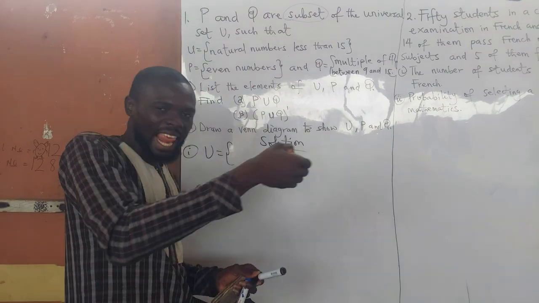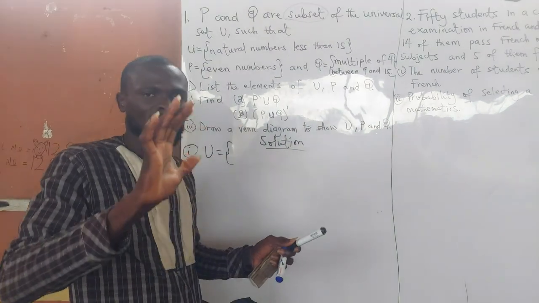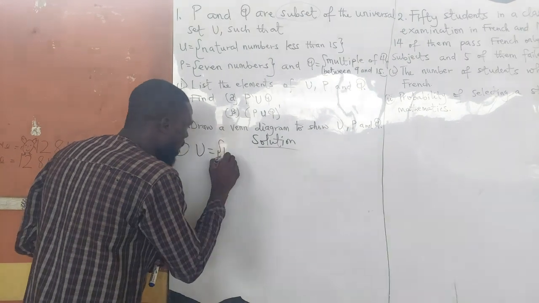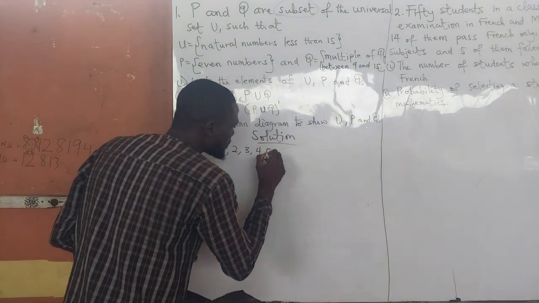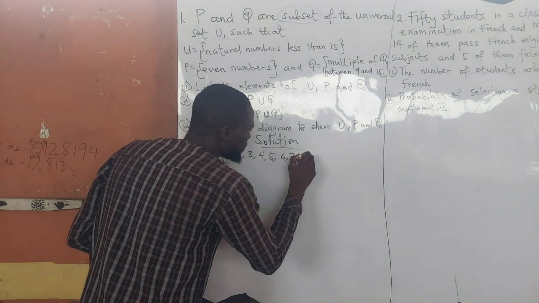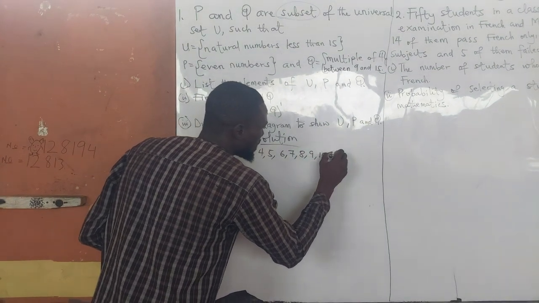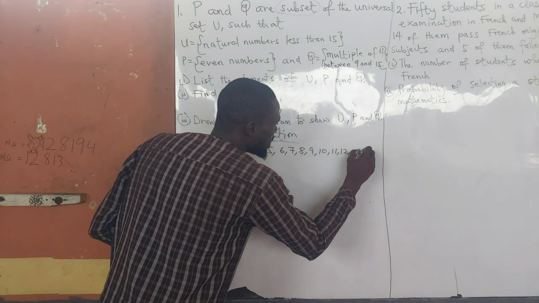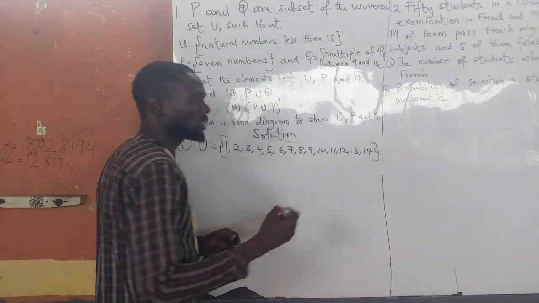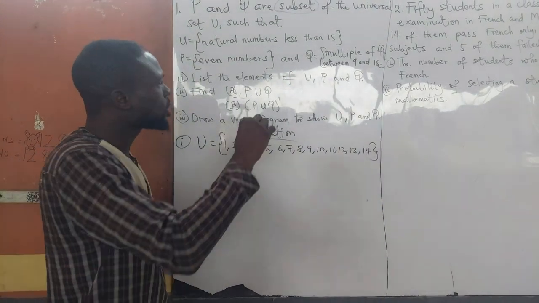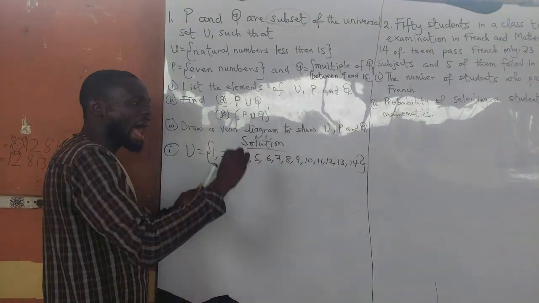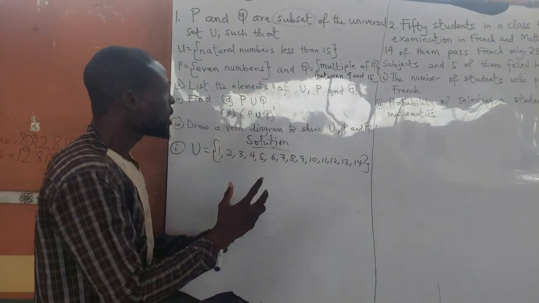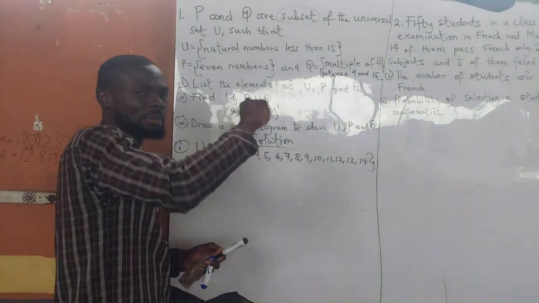But because it's less than 15, meaning 15 is excluded, we have 1, 2, 3, 4, 5, 6, 7, 8, 9, 10, 11, 12, 13, then we end on 14 because it's less than 15. Now this U happens to be the universal set where P and Q are subsets.